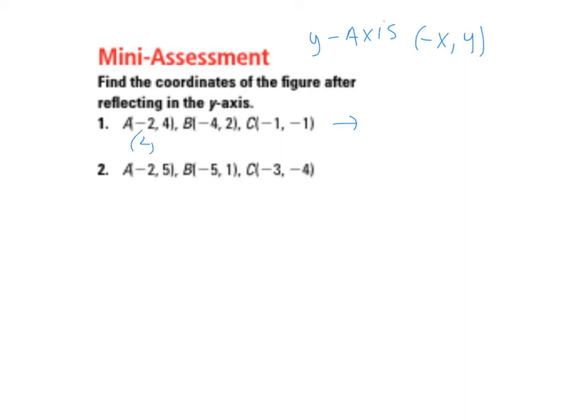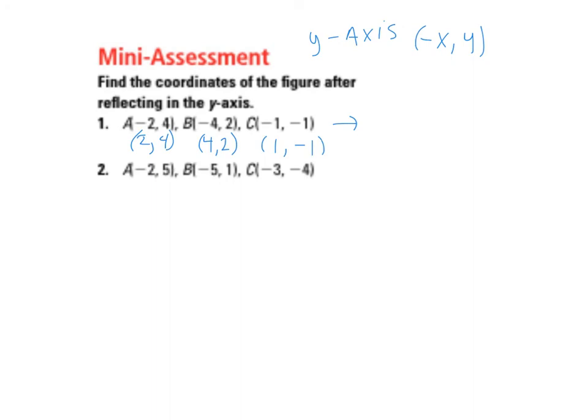And then your y is going to stay exactly the same. For B prime, you're going to take the opposite of -4. So the opposite of -4, +4. The y value is going to stay the same. On C, we're going to take the opposite of -1. The opposite of -1, +1. And then the y value stays the same.